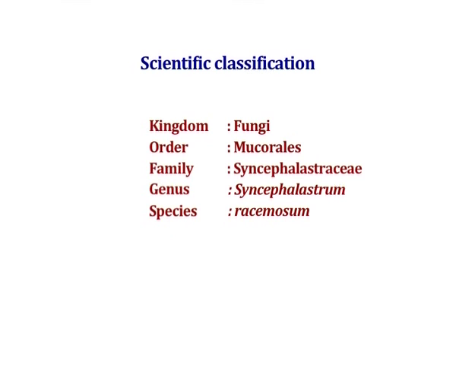Now let us see about the scientific classification of this pathogen. Kingdom is Fungi, order Mucorales, family is Syncephalastraceae, genus Syncephalastrum, species racemosum. Now let us see about the pathogen character.